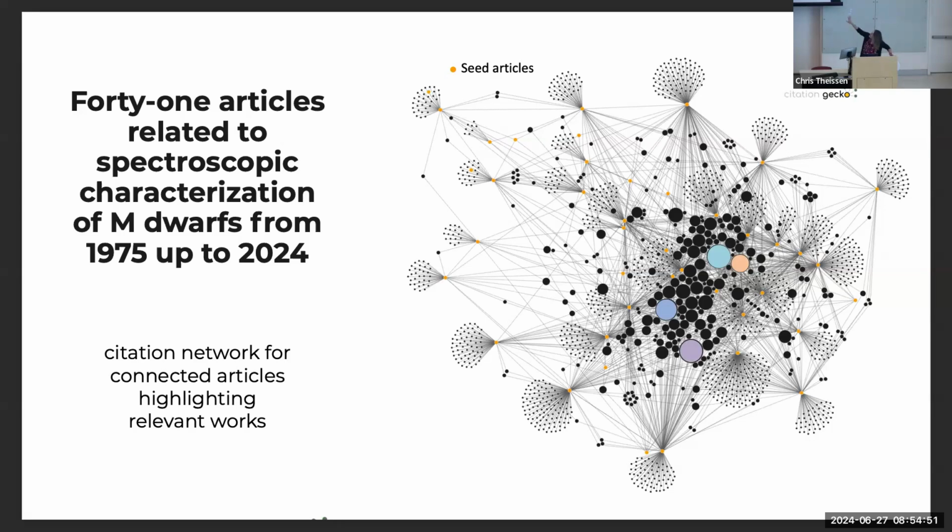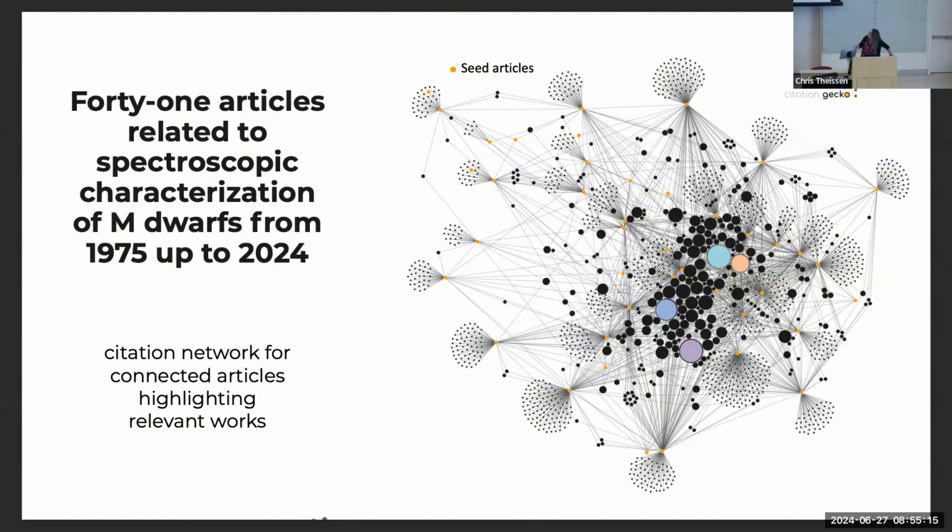So what you have here in this figure, the yellow dots are the seed papers. Those are the 41 papers that I had in my BibTeX. And the black dots are the papers that are being cited in those seed papers. Okay, so they're not the citations to those papers, but the citations that are within those papers.